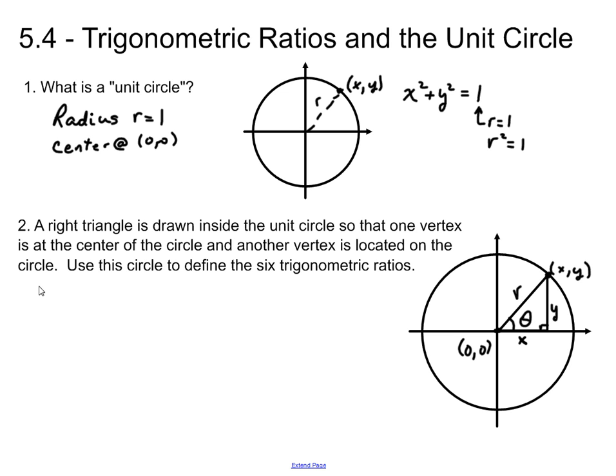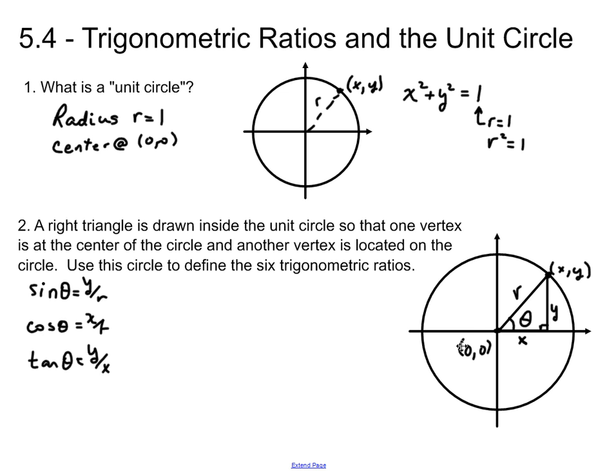We can define these trigonometric functions in terms of that angle theta, in terms of the opposite side and the radius, or the cosine of the angle in terms of the adjacent side and the radius, which becomes our hypotenuse, and the tangent of the angle, which becomes y over x.